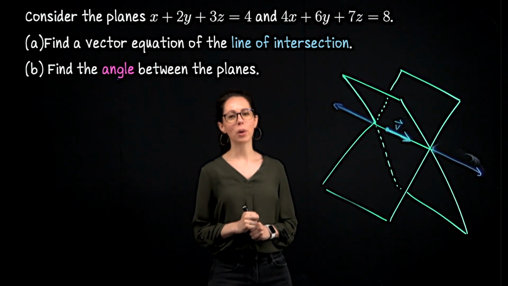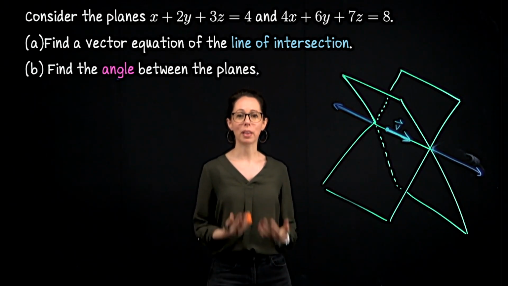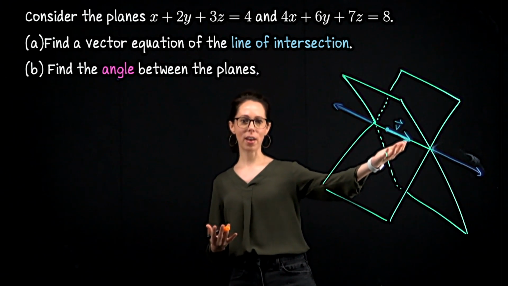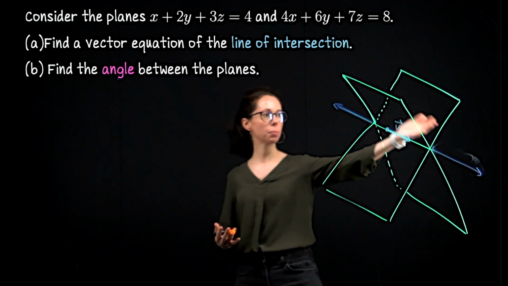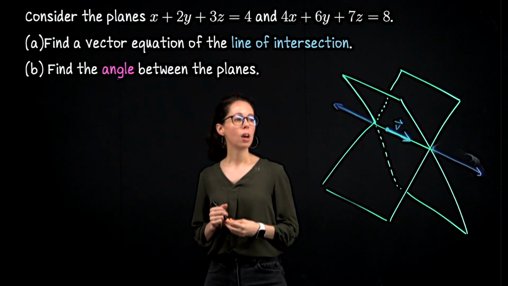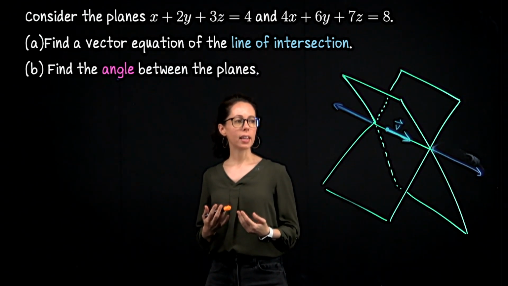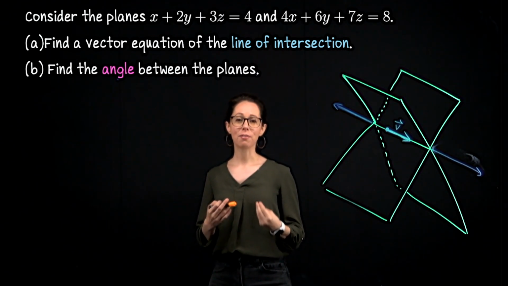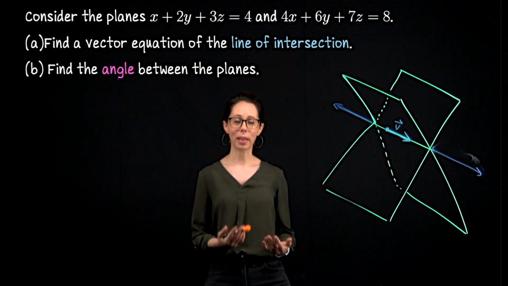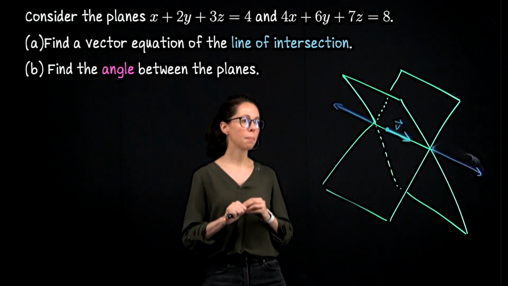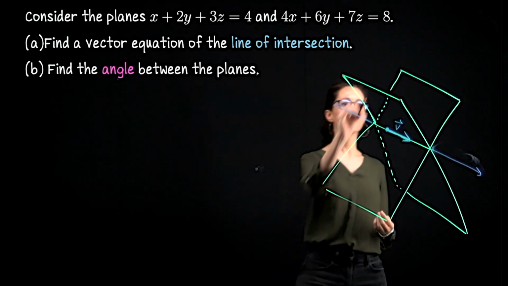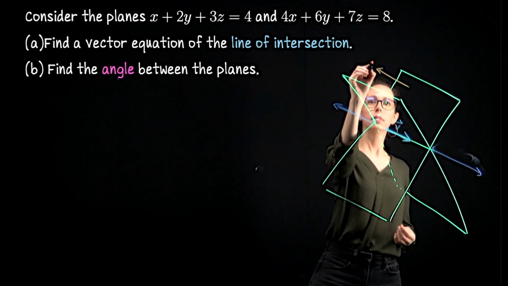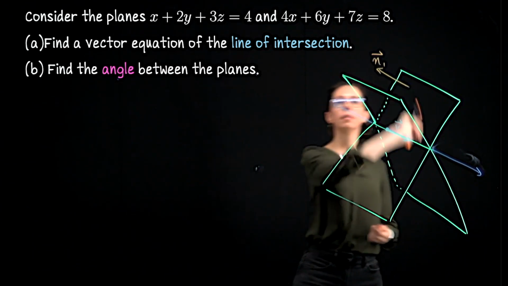To find V, I want to recognize that V lives on both planes. So as I've sketched this vector in space, I've placed it both on the first plane and the second one, which means that it is perpendicular to the vectors which are perpendicular to both planes. So let's add that to our diagram. For this first plane, I'll draw vector n1.